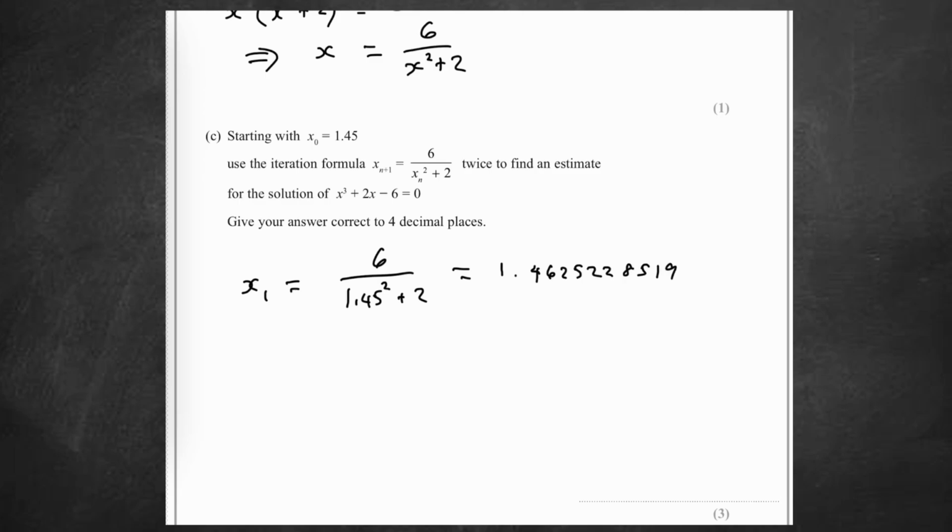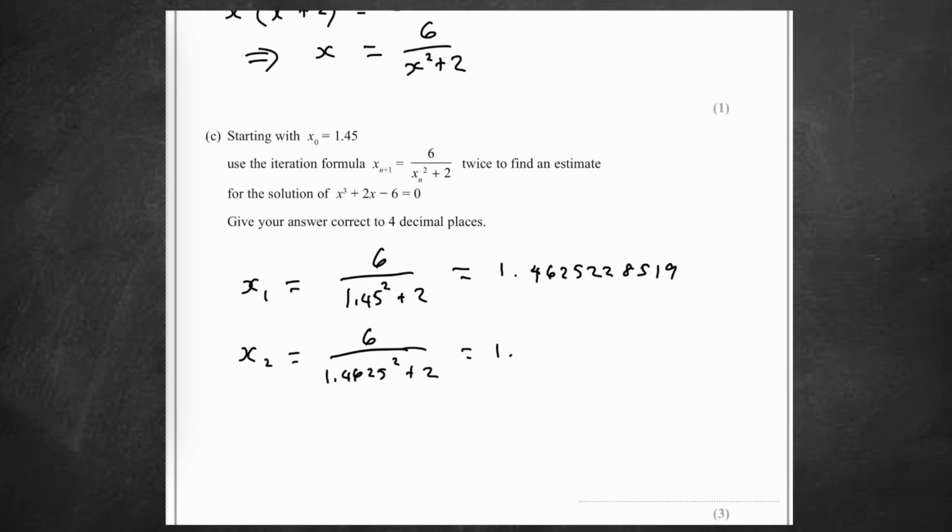1.4625228519, etc. Then we're going to say x2 equals 6 over 1.4625 squared plus 2. I'm leaving the number on my calculator so I can use that again. So we're going to square that first and then add 2 and do 6 divided by that.